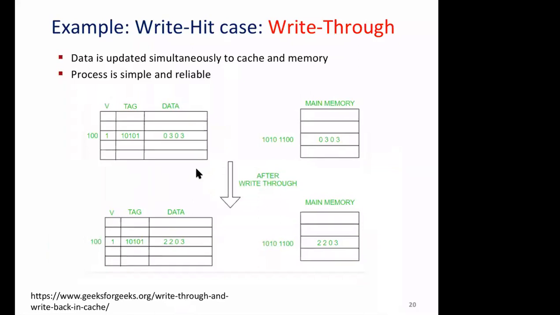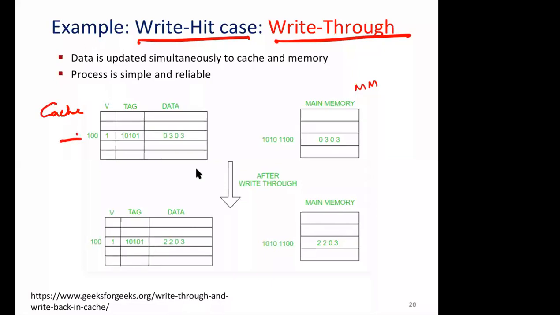Let's look at an example. So there's a write hit. It means that data is available in cache, say, L1 cache. What we show here is main memory, and what we show here is cache. We have shown just one level of cache here, and then we are accessing a location.